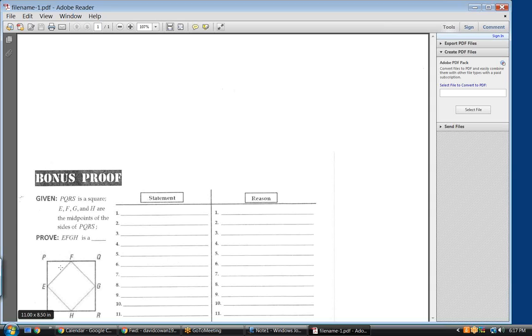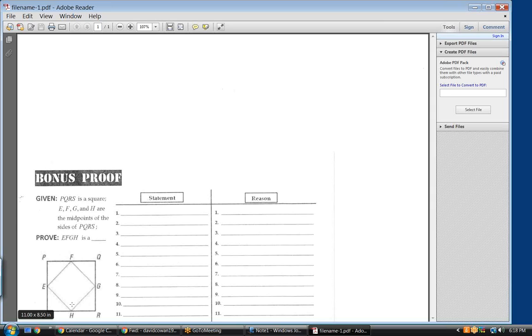What are they each? They're 45s. What's the sum of the acute angles in a right triangle? 90 degrees. And if they're both the same, what are they each? 45. So now we know that's 45, 45, 45, 45, all the way around.